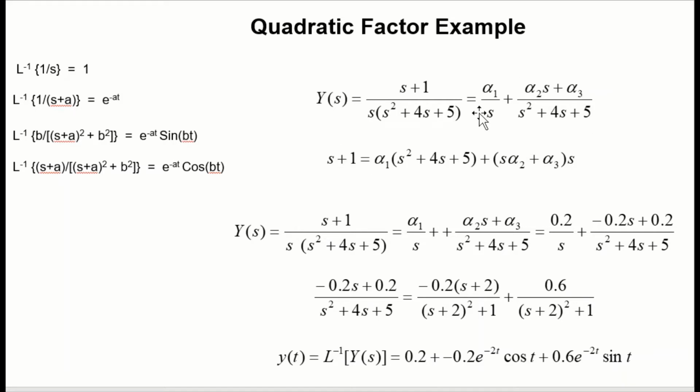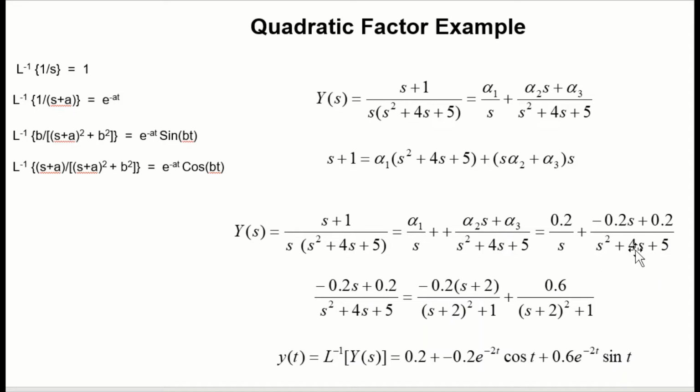We could use different techniques for getting the coefficients. One is to compare coefficients of different orders, like coefficients of s squared, coefficients of s to the 0, and then compare both sides. We'll look at those techniques in detail in my little revision lecture. But let's assume we've gone from here. Here are our partial fractions down here.